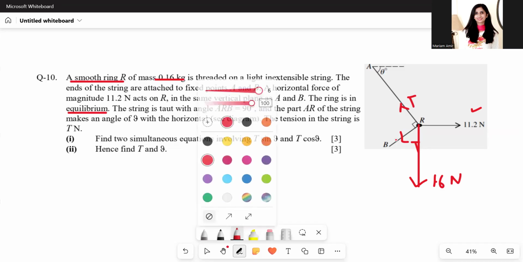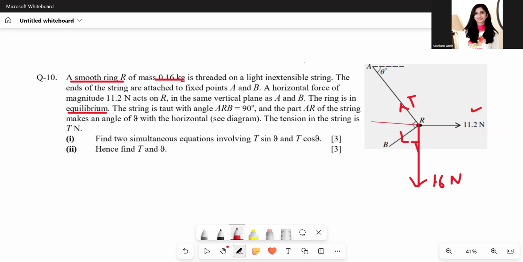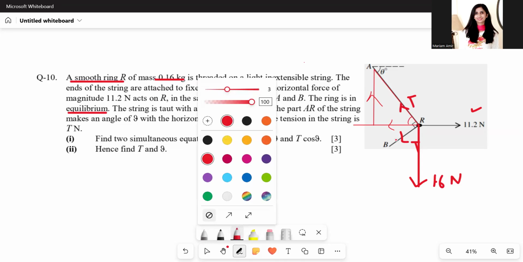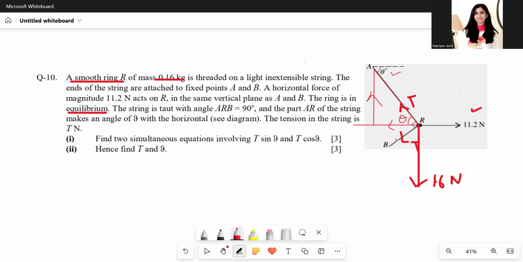All right, so we're going to resolve the two tensions that we see. One component would be in this direction and the other component would be in this direction. This would be theta from alternate angles. This component here, which is the adjacent component, is the cos component. So this is going to be T cos theta. And the one upwards is opposite to theta, so that's going to be the sine component.